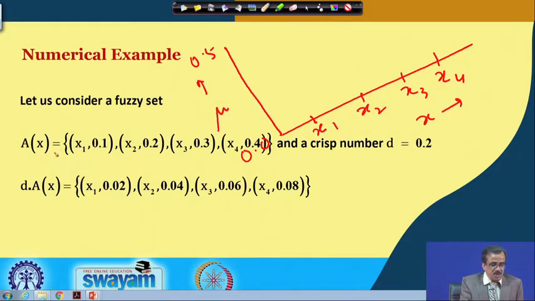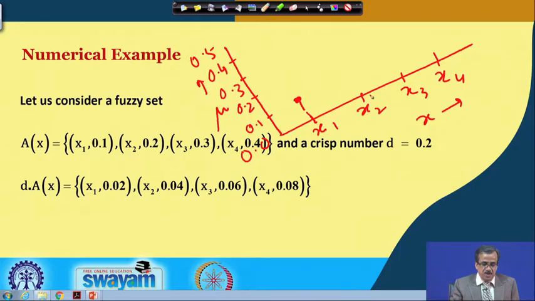Now, if I consider the original fuzzy set, that is A(x), corresponding to x1, I have 0.1, so I am here.